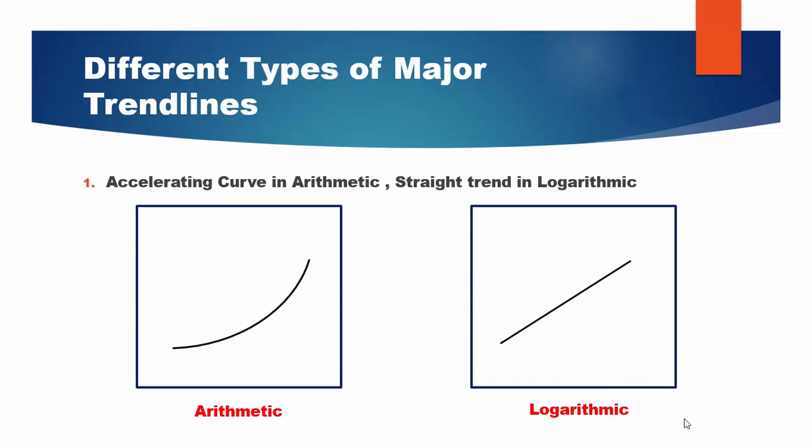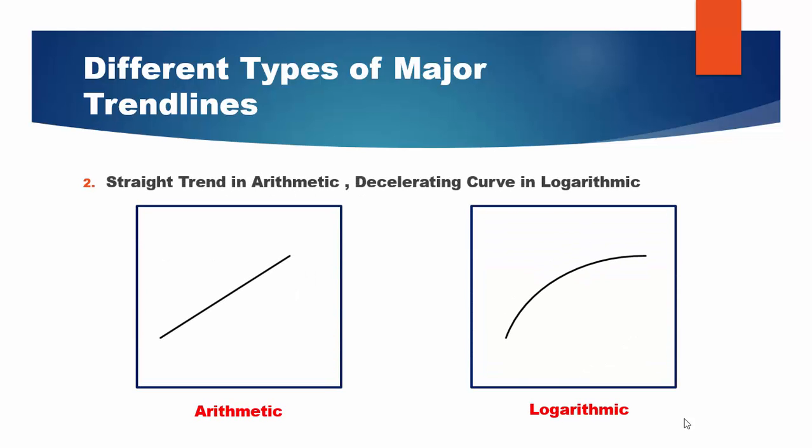In the first type, we have some sort of stocks or other tradable charts which show an accelerating curve in arithmetic scale and a straight trend in logarithmic scale. So it would be better to use logarithmic scale for these charts, which can give us a better prediction sight about future movements.